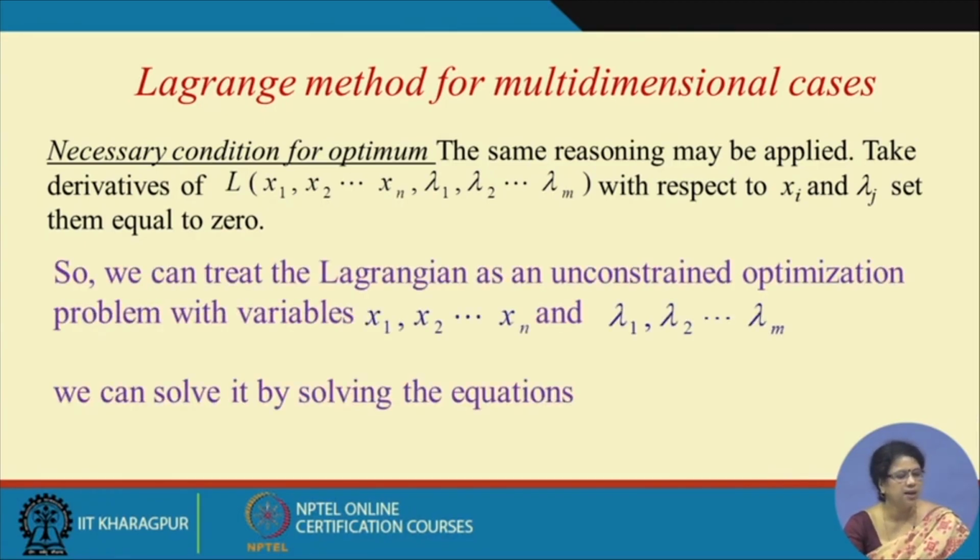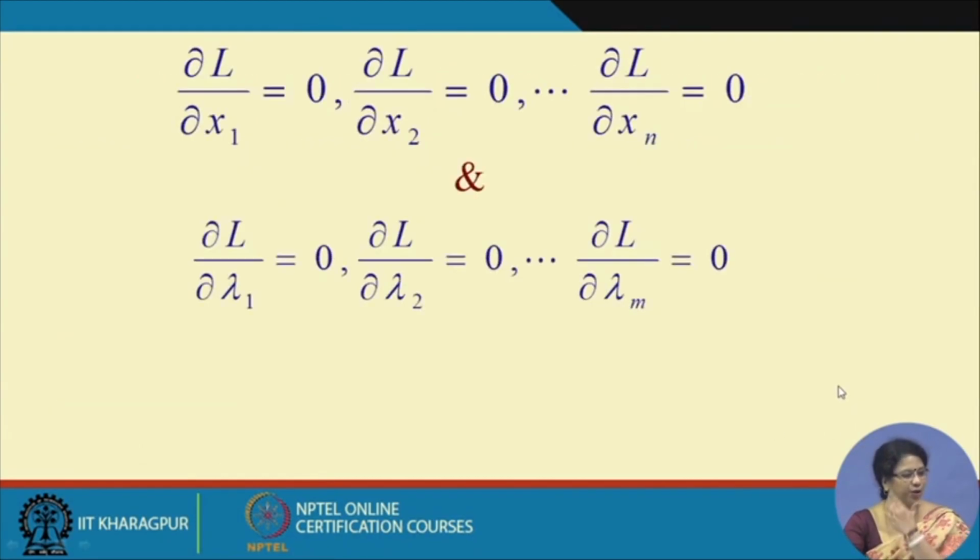How many equations will we get from the necessary conditions? We will get m plus n equations in m plus n variables. From there we can find the solution, easily or in a very complicated way, but at least we will get a solution. That is fine; these are the necessary conditions.